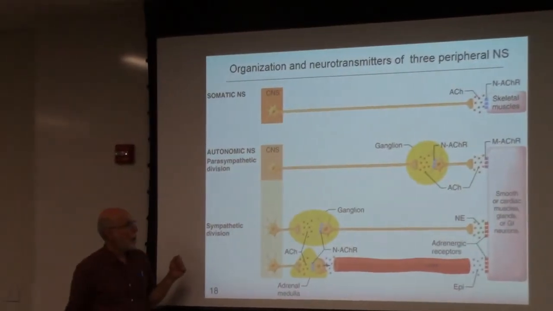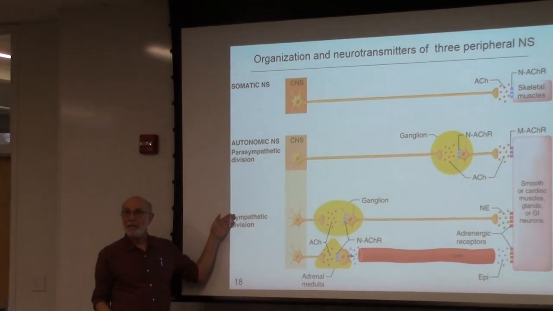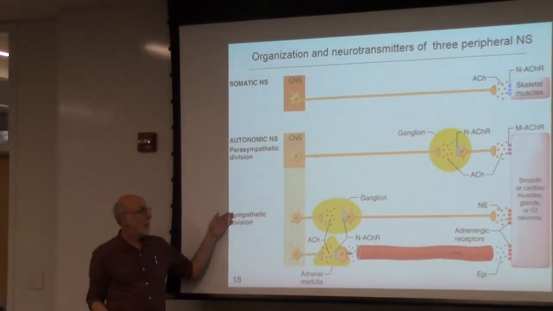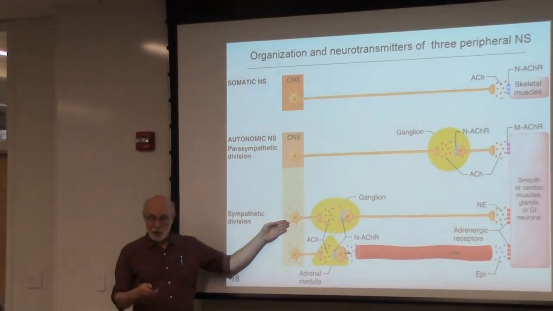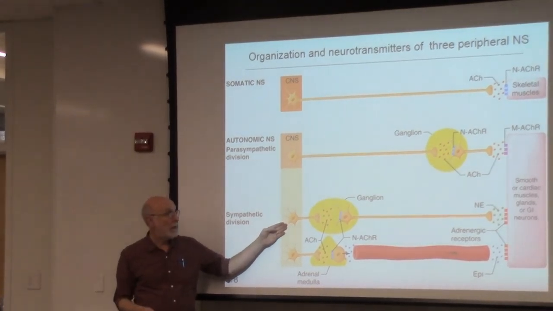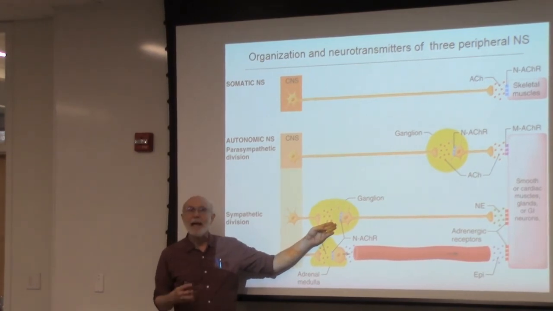Let's go to the sympathetic nervous system, the fight and flight response. There are nerves in your spinal cord that control sympathetic ganglia. A ganglion is a clump of nerve cells.